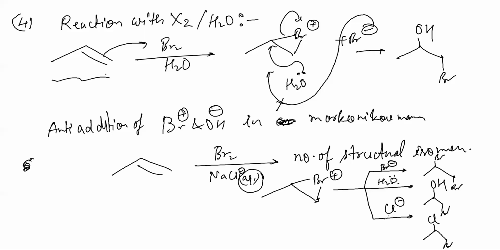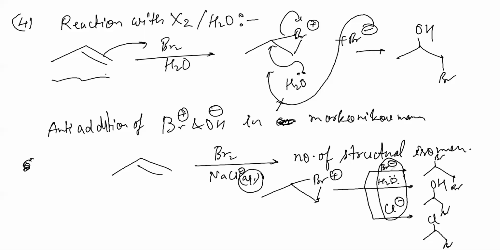Please note this. This is the proof that this reaction is electrophilic addition. Why? Because in the second step, a nucleophile is attacking. That means in the first step, an electrophile did attack, isn't it? In the second step, see, firstly the ring is formed and then the ring is broken.